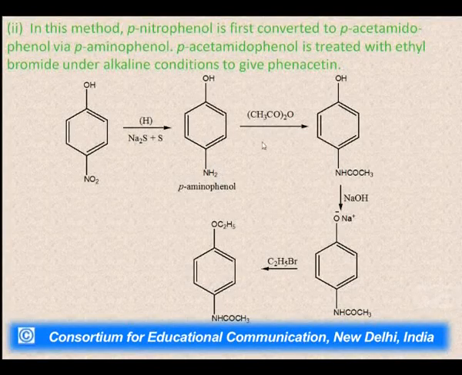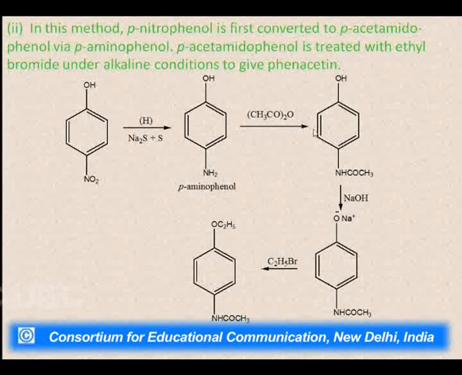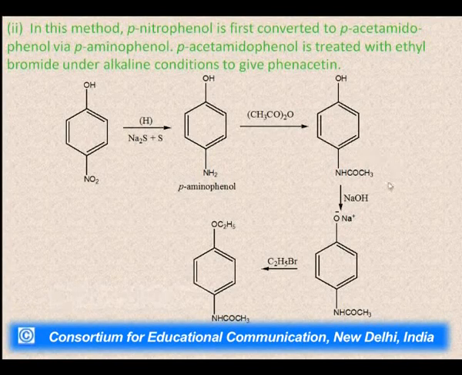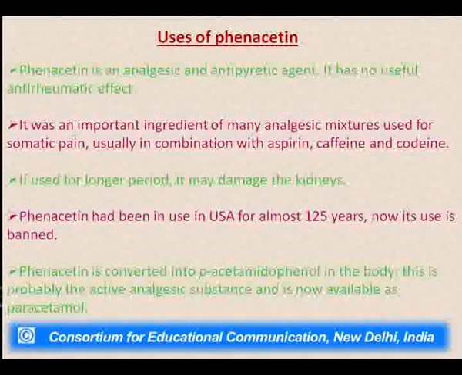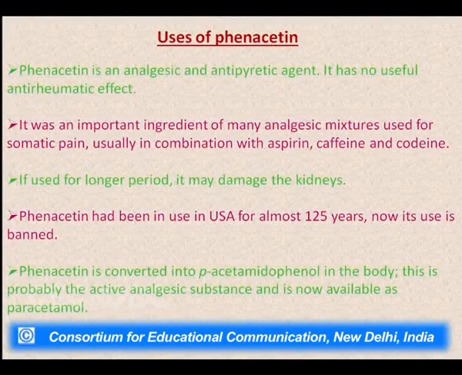Then this para-aminophenol will undergo acetylation to give the acetyl product of para-aminophenol, and finally it will undergo reaction with ethyl bromide, and we will get the ethyl ether of the previous compound, which is also known as phenacetin.